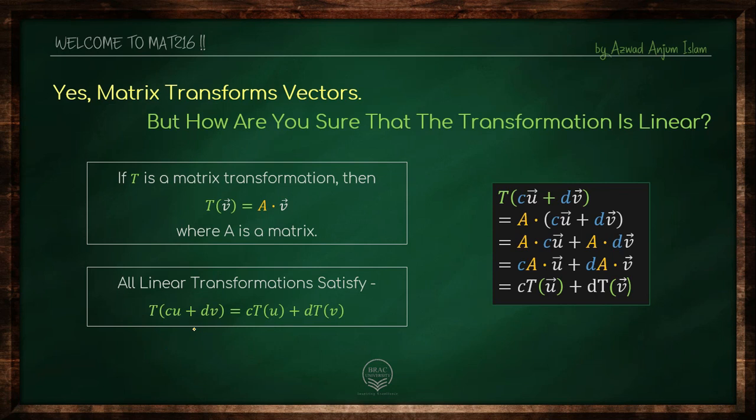But you have to remember that the opposite is not always true. Not every linear transformation is a matrix transformation or can be expressed by a matrix transformation. For example, our apple and juice example was not a matrix transformation because that transformation did not involve real numbers.